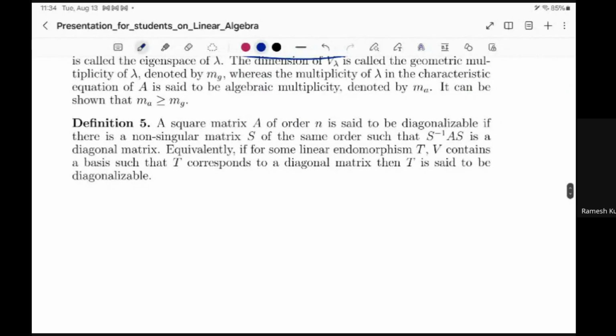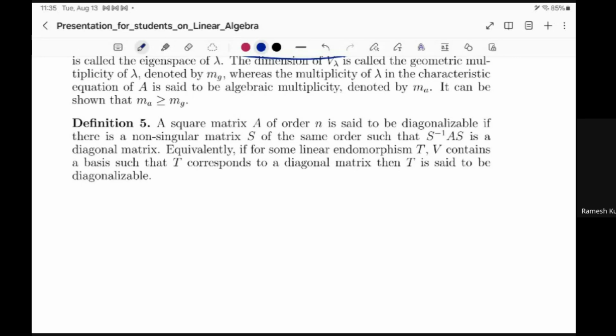We say that a square matrix of order n is diagonalizable if you can find a non-singular matrix S of order n such that S inverse AS, where the inverse of S exists because it's non-singular, gives you a diagonal matrix. Okay, so that is the idea of diagonalizable.